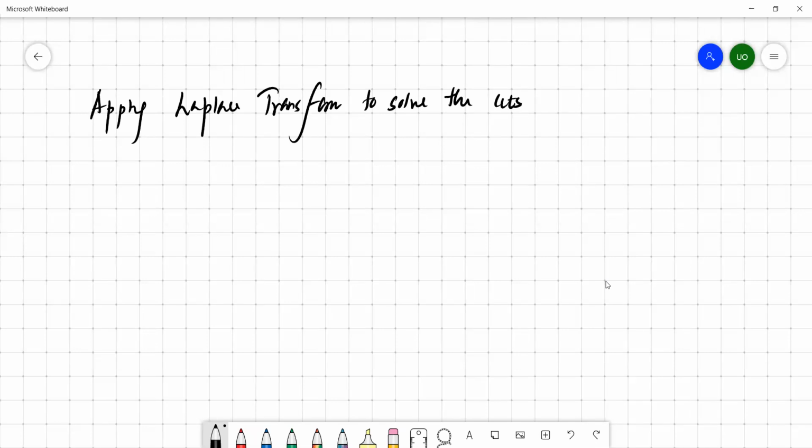So if you have a time dependent quantity, a function in time, how do you get the Laplace transform?